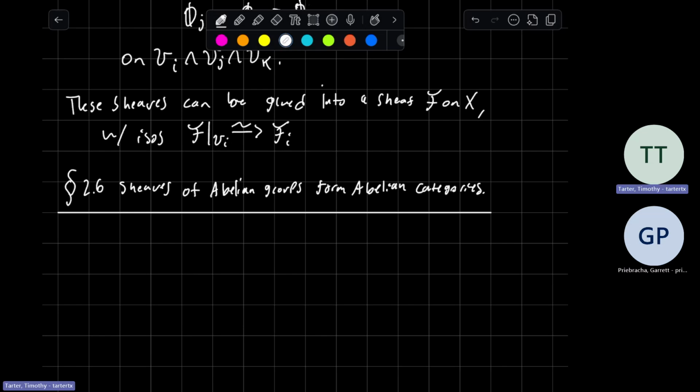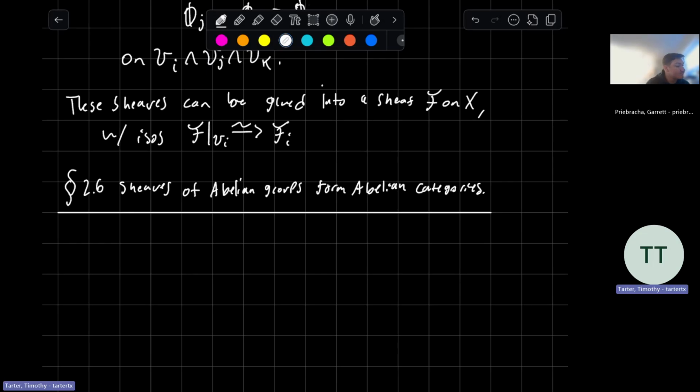Whenever you're back. All right. So, this is a pretty short section, and I'm not entirely sure how important it is for us. We've just been going through Vakil for the sake of going through Vakil.